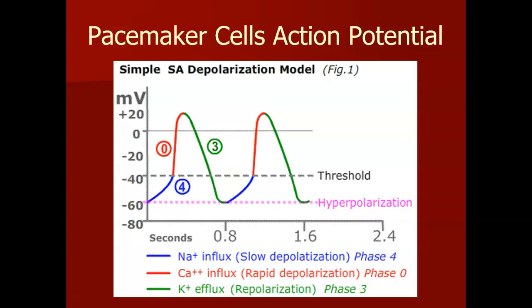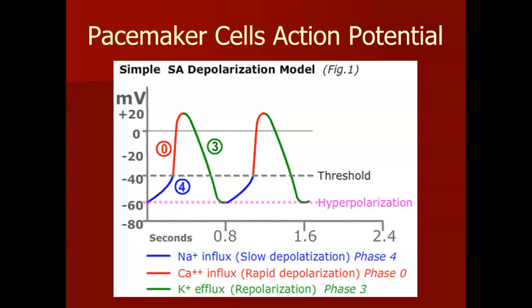Inside of cells, we have a whole bunch of potassium, and on the outside, we have a whole bunch of sodium and calcium, and those cause an actual difference in charge between the outside and the inside. This difference in charge, and basically the reversal of this difference in charge, is what's going to drive or move an electrical impulse along the cell.